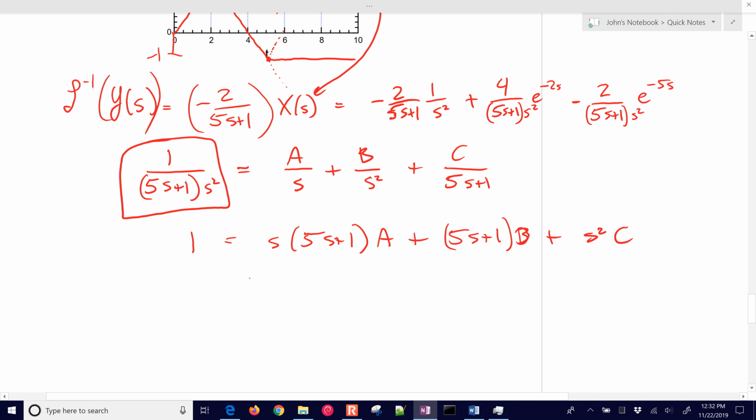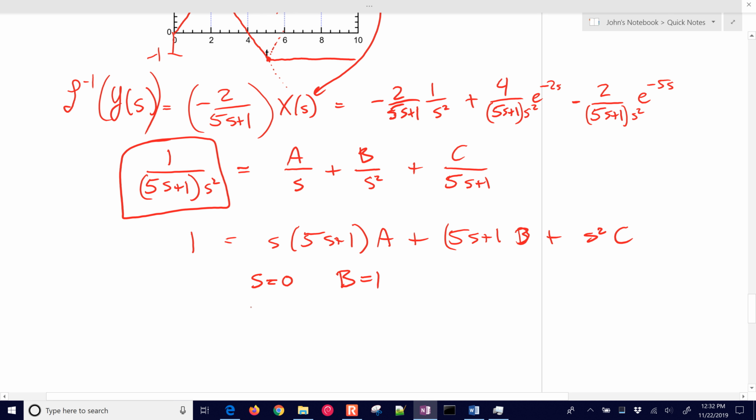I can just select values of s, like s equals 0, and that's going to make b equals 1, because this term is going to cancel and that term is going to cancel, and s is 0, so there I'm just left with b equals 1.